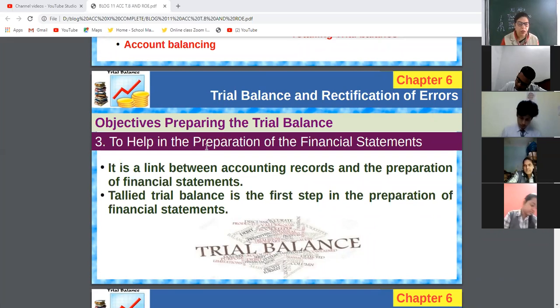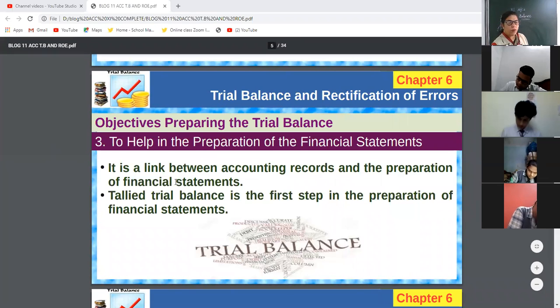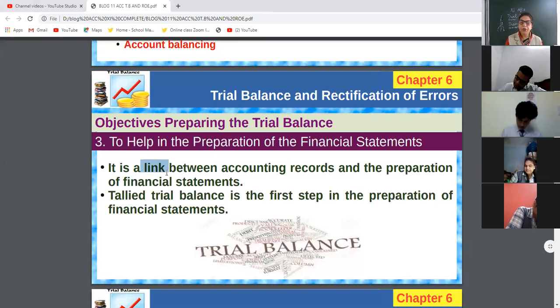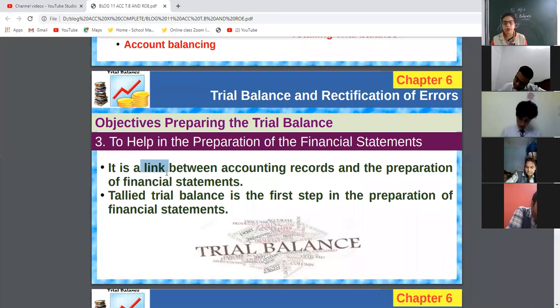Akshay, please copy: trial balance is a link between accounting records and the preparation of financial statements. See, you can get this point in a fill in the blank: dash is a link. Trial balance is a link between accounting records and the preparation of financial statements.